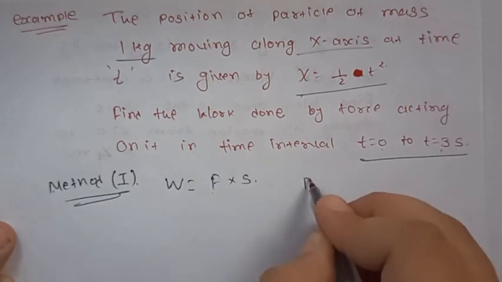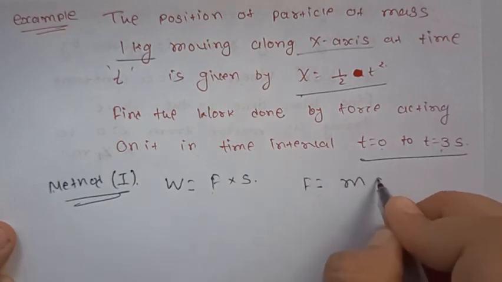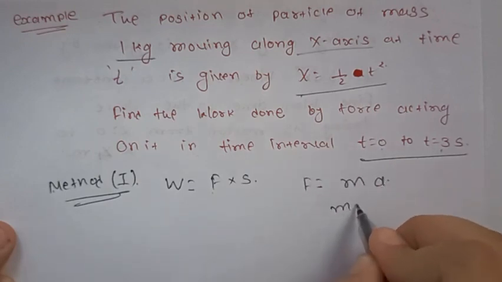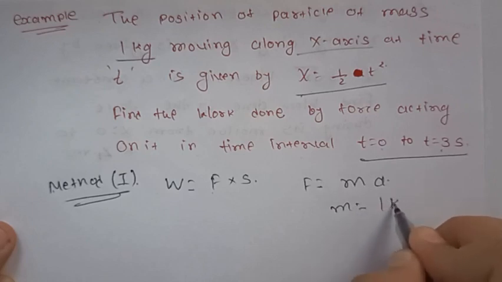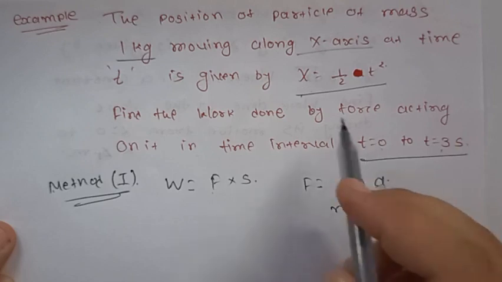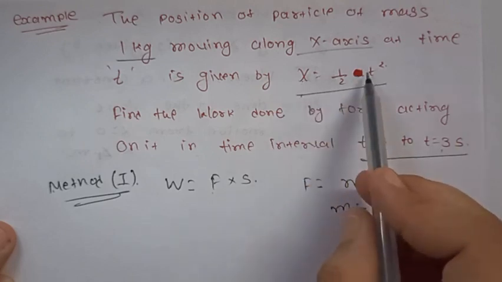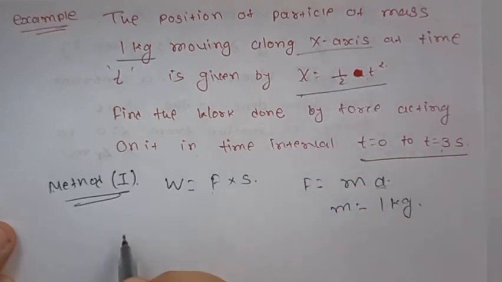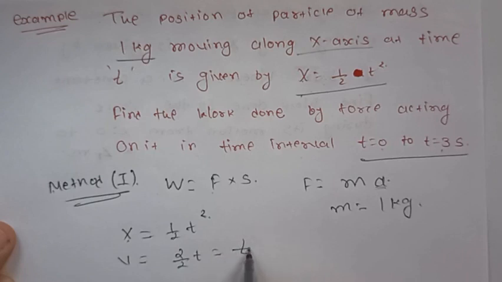So force is given by mass into acceleration. Mass is given 1 kg. So our first task will be to find the acceleration. We have the position time equation, x equals half t square. Differentiate it with respect to time, we will get velocity equals 2 by 2t, that is equal to t.